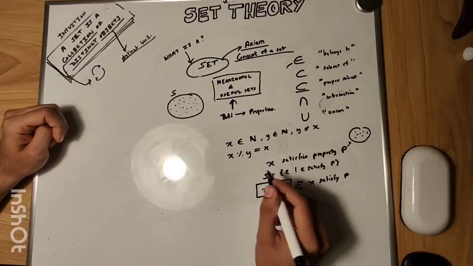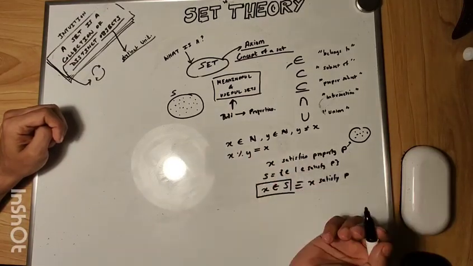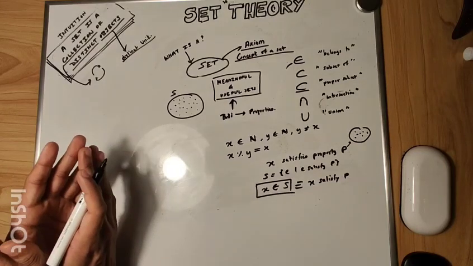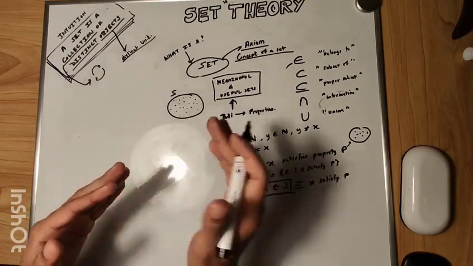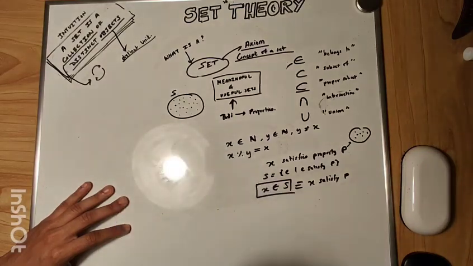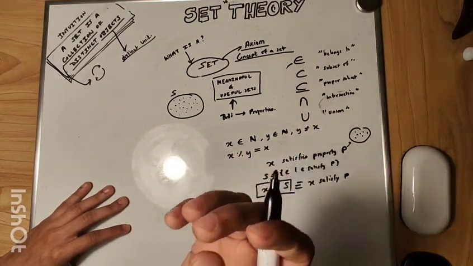So we have defined what belongingness means. It basically means that an element satisfies a property. So instead of belongs to, you can also literally write it satisfies a property.